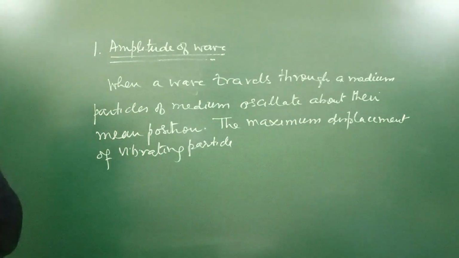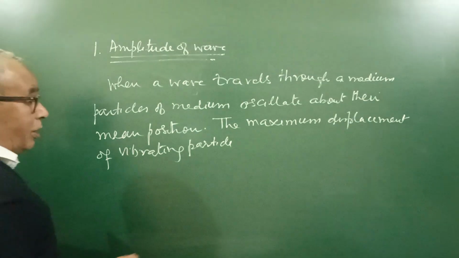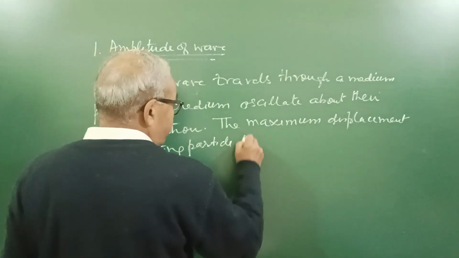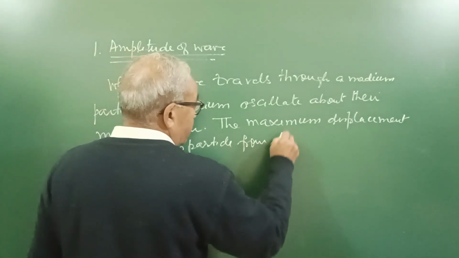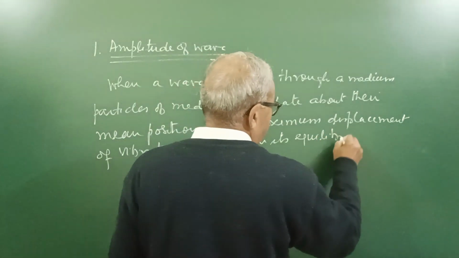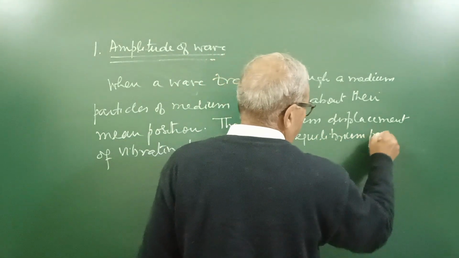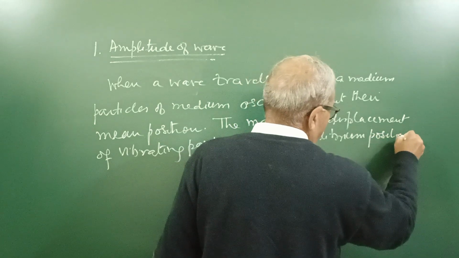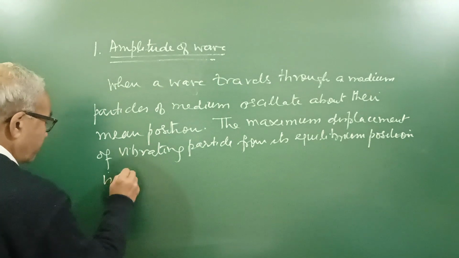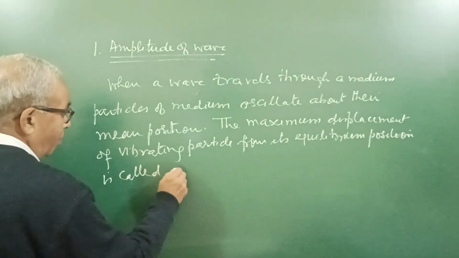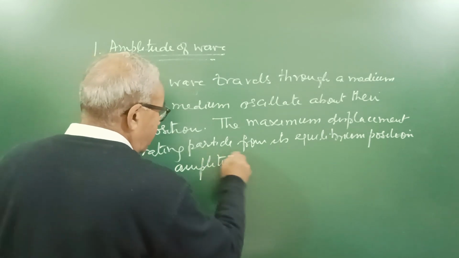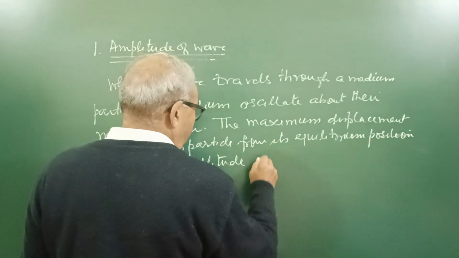The maximum displacement of a particle from its equilibrium position is called amplitude of wave.